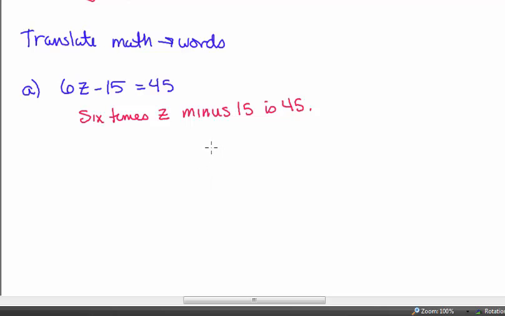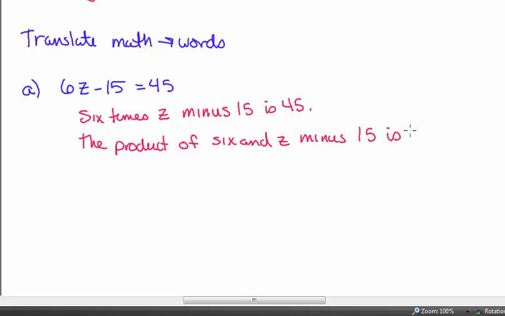I can write this out a little bit more mathematically complicated. The product of 6 and z minus 15 is 45.